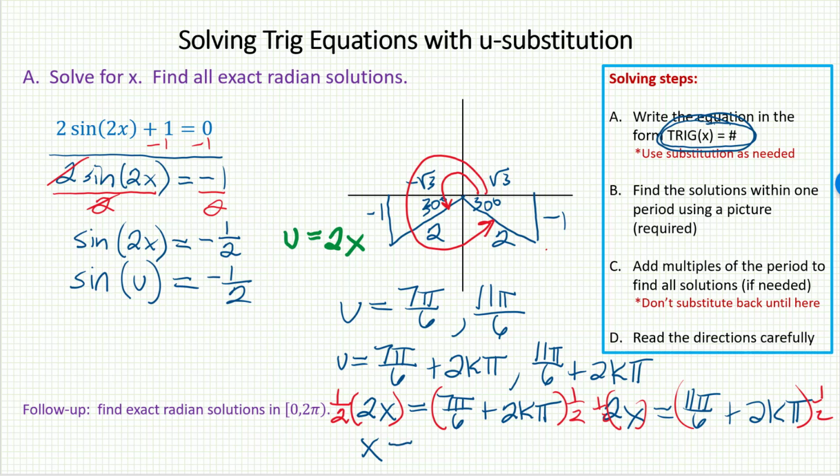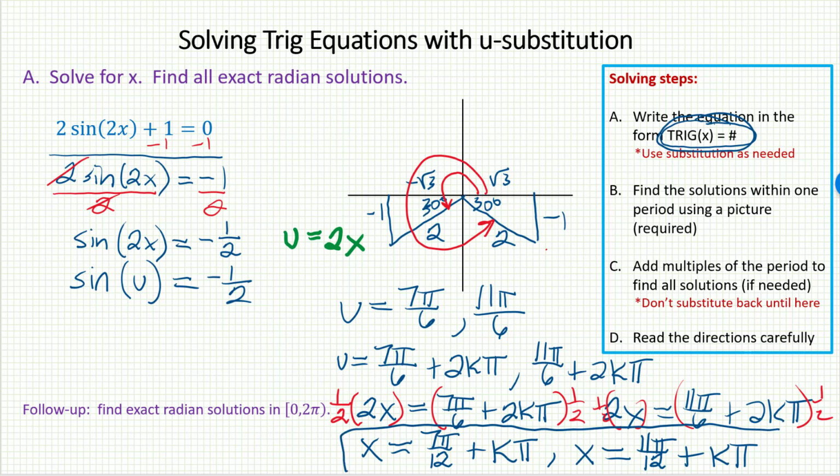This became just x, that's great. 7 pi over 6 times 1/2 would be 7 pi over 12. And of course, when I cut 2k pi in half, the 2's will cancel, leaving me with just multiples of pi. Similarly, in the second set, I'll end up with 11 pi over 12 plus those multiples of pi. Here are the final solutions to the equation.